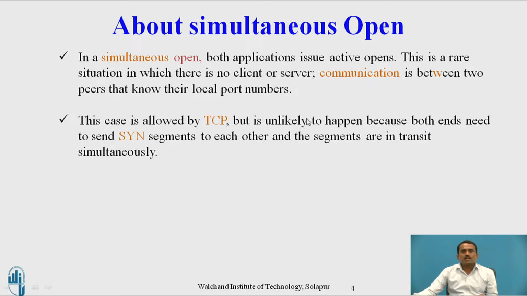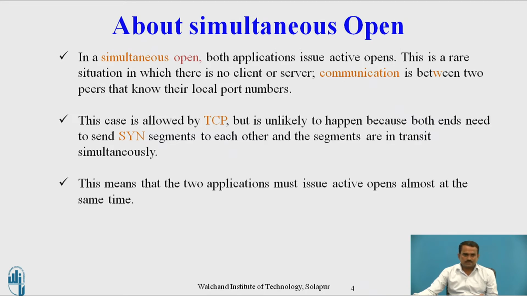This case is allowed by TCP, the Transmission Control Protocol, but it is unlikely to happen because both ends need to send SYN segments to each other, and the segments are in transit simultaneously. This means that the 2 applications must issue active open almost at the same time.